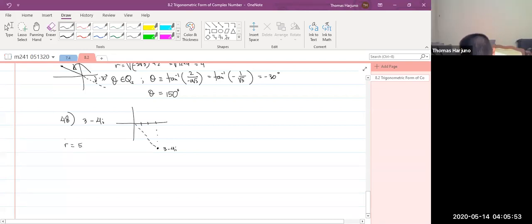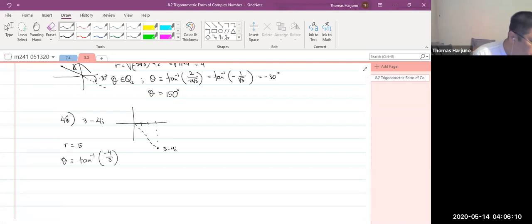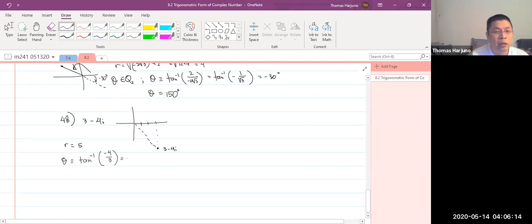The thing is, how about the theta? The theta is equivalent to tangent inverse of the y over x. That I need to use a calculator. I will get negative 53.13010 degrees.